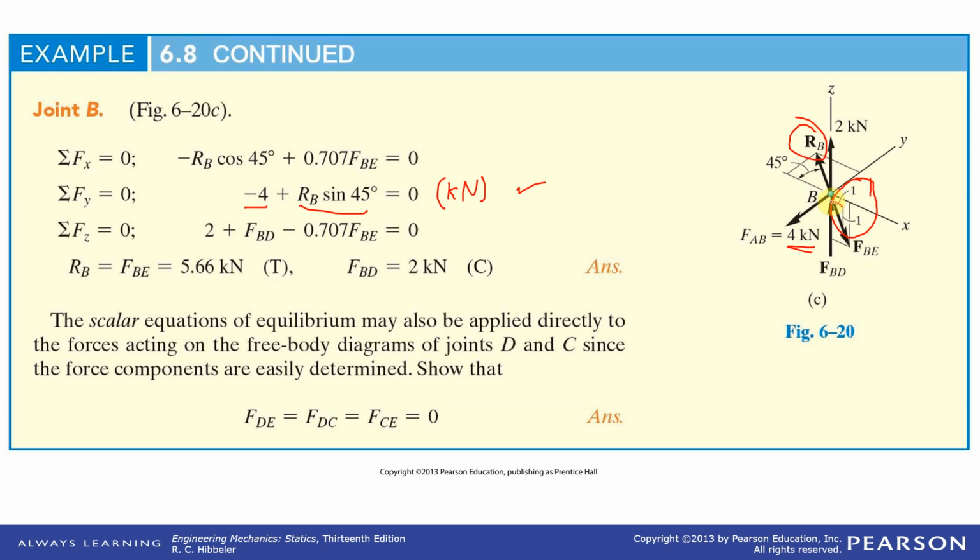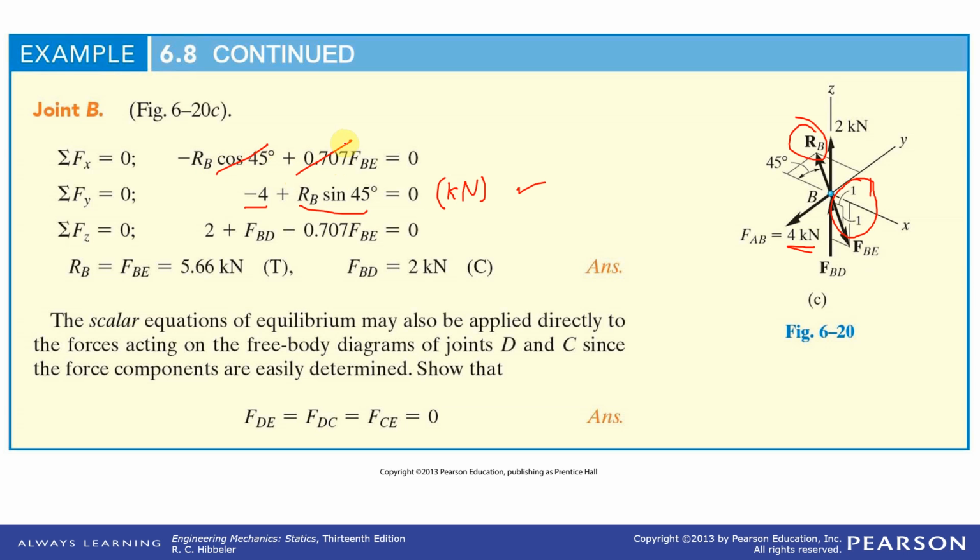FBE has an x component. Nothing in the y. So only RB and FAB. So let's look at the x direction. We have RB and FBE in the x direction. We don't have anything else in the x direction. The other three forces are in the y or z. So FBE has to equal RB. Cosine of 45 degrees is 0.707, by the way.